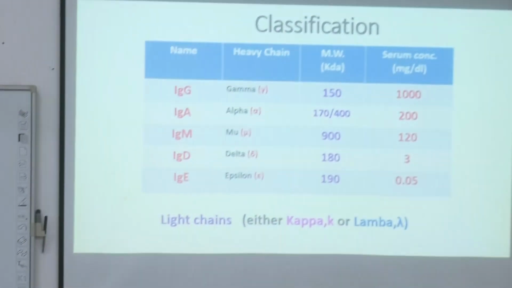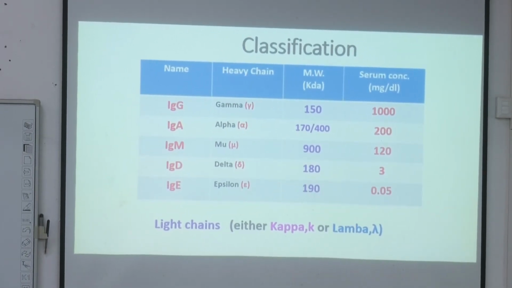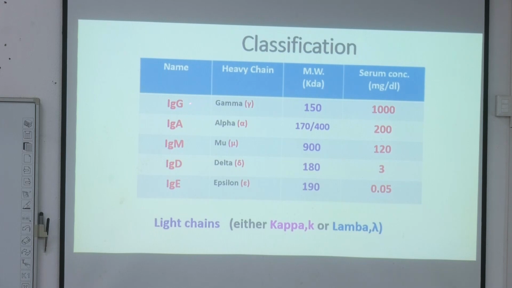So this classification, again I am telling you repeatedly, there are 5 different types of antibody you must remember, and the highest concentration present in the serum is IgG. IgE is present in the least concentration, and it is related to allergy.